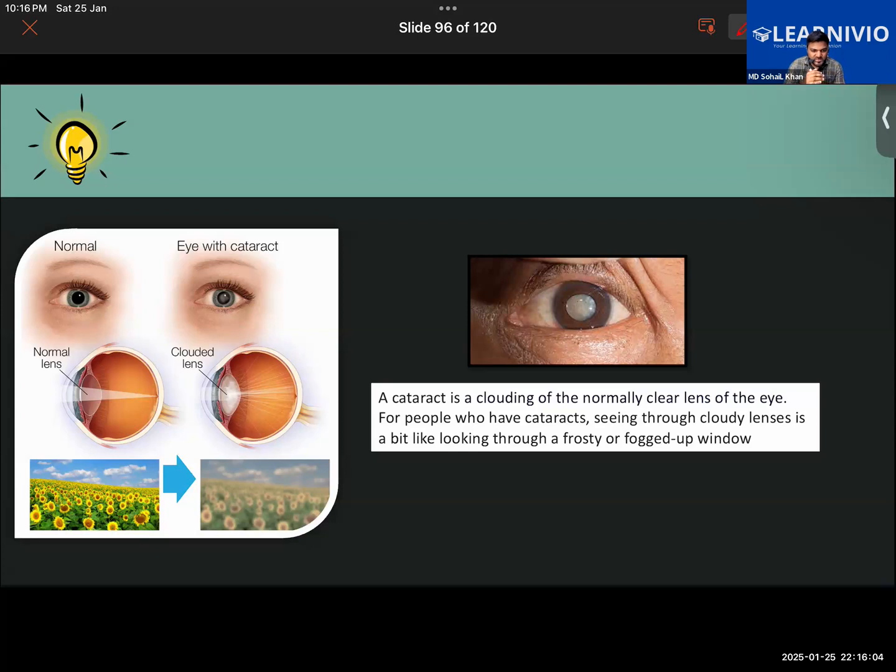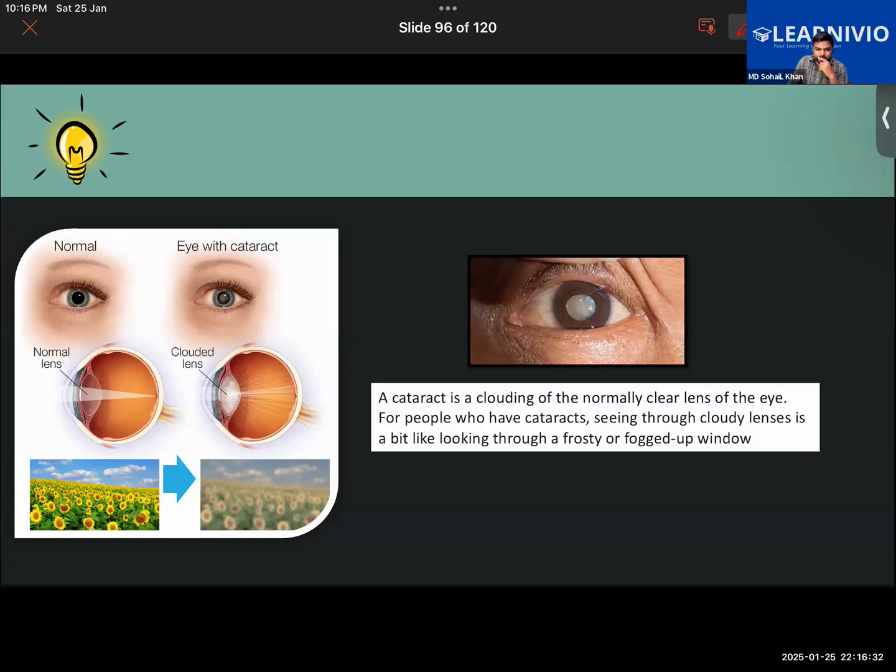As a part of aging or due to some injury, the protein structures present in the eye lens can clump together and form a cloudy layer. So the main reason here is the clumping of the proteins in the lens of the eye.